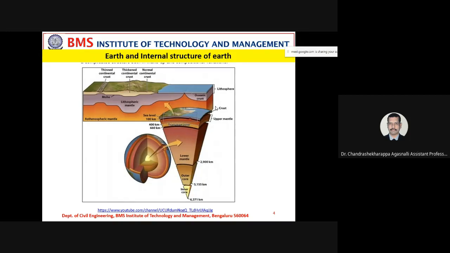We reach up to 5 to 6 kilometers for oil and gas exploration and exploitation. Generally, for oil and gas exploration, we carry out a seismic survey.